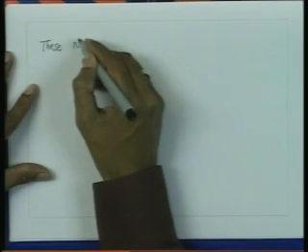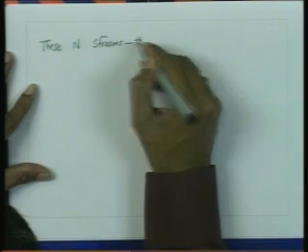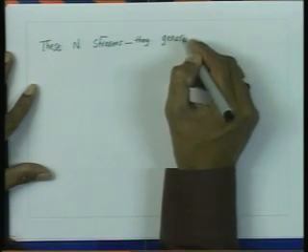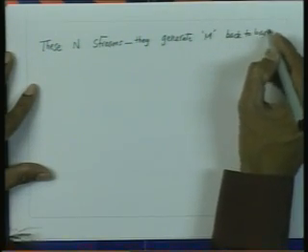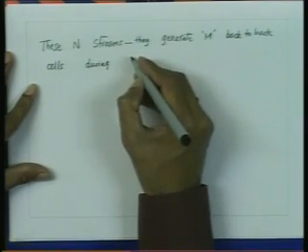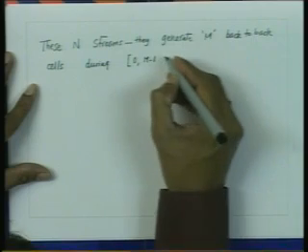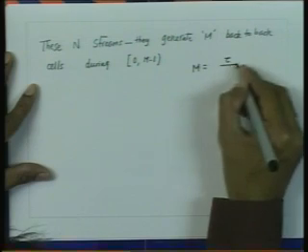So these n streams generate these m back to back cells during this interval of 0 to m minus 1, where m is of course given by tau upon T minus 1 plus 1.